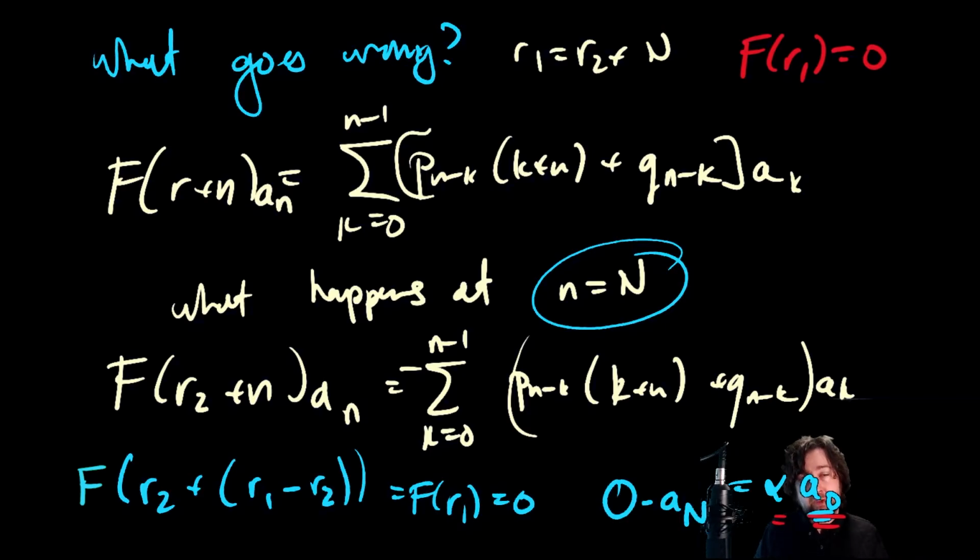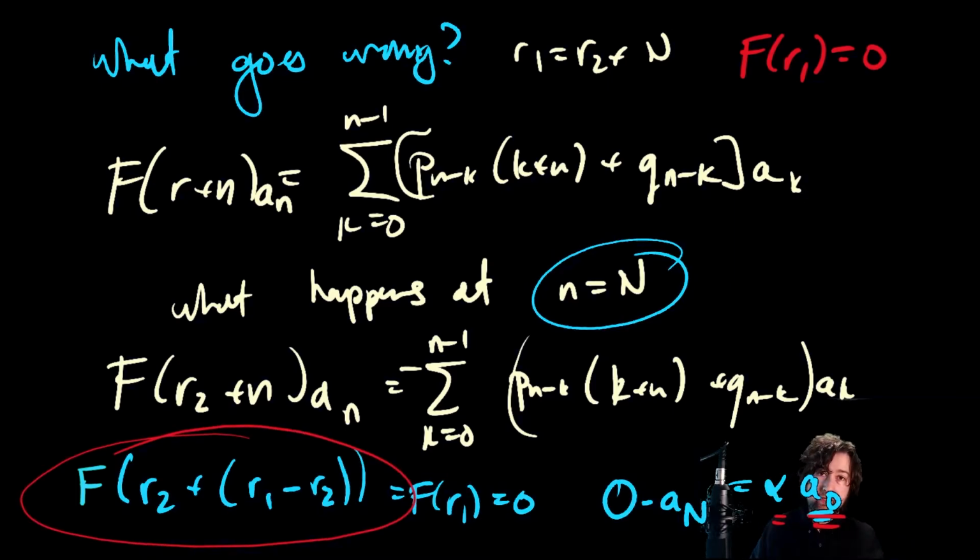So that's the upshot: the fact that r1 and r2 are related by an integer forces the left-hand side of the recursion at some point for the second solution to collapse. And if it collapses, it could either collapse so that there's some term in the middle that you can assign any value you want to, or the entire thing is inconsistent and you need to use a different method.